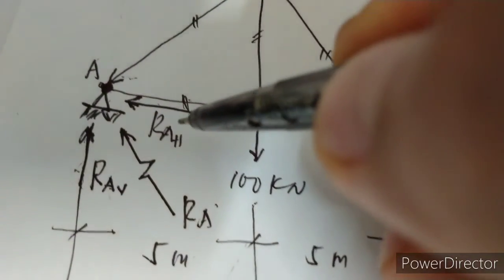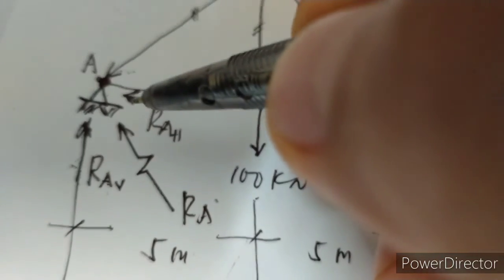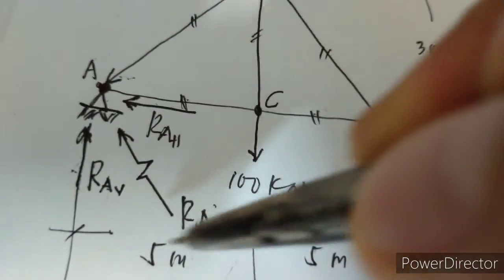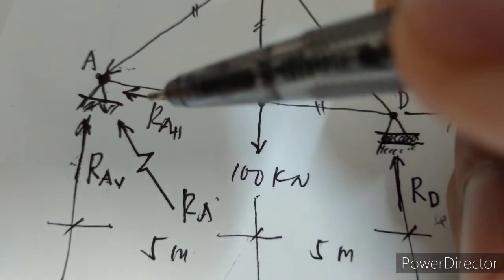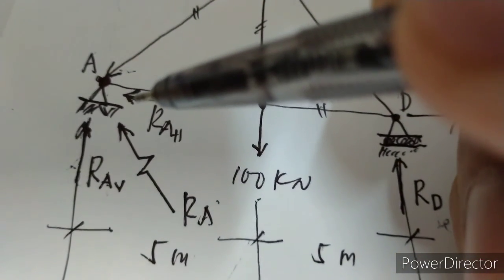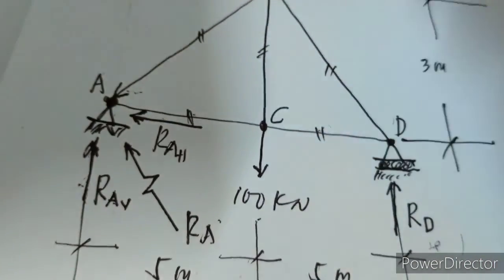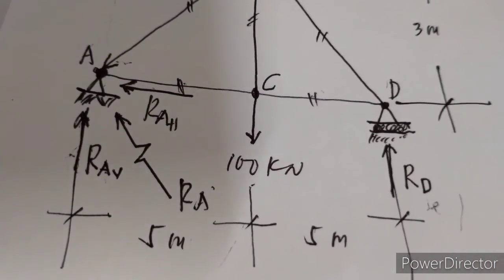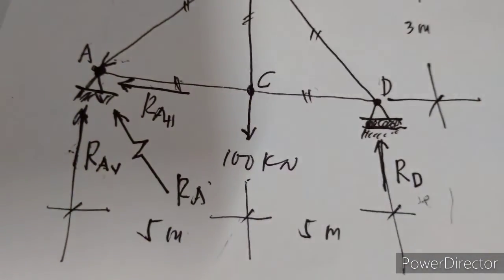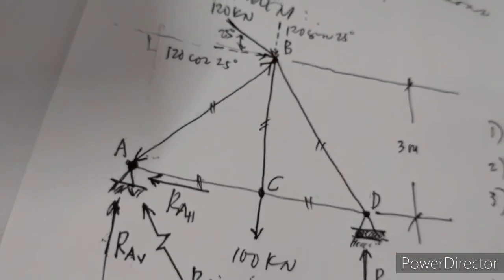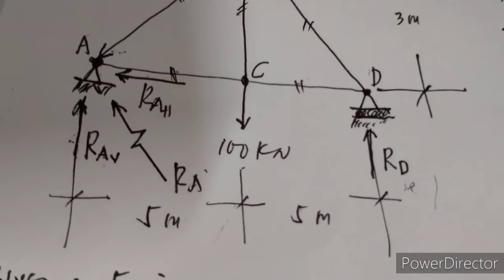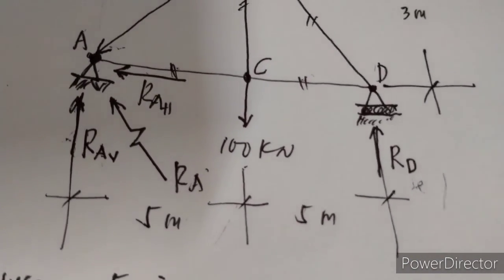For member AC, since the horizontal component of the resultant RA is going to the right, we can assume that member AC will be going to the left.